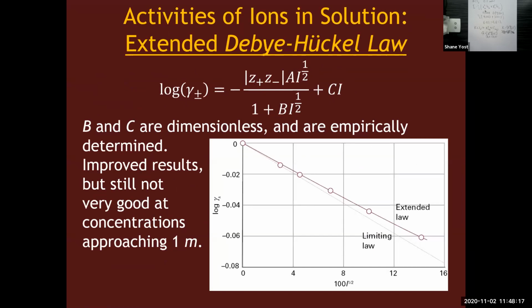Here the limiting law is again the dashed line, the extended law is the solid line, and the circled dots are the experimental data. It still does very well. When you get to very, very high concentrations, even this extended Debye-Hückel law breaks down, but this at least shows you how the activity coefficient depends on the ionic strength, in this kind of formulation.